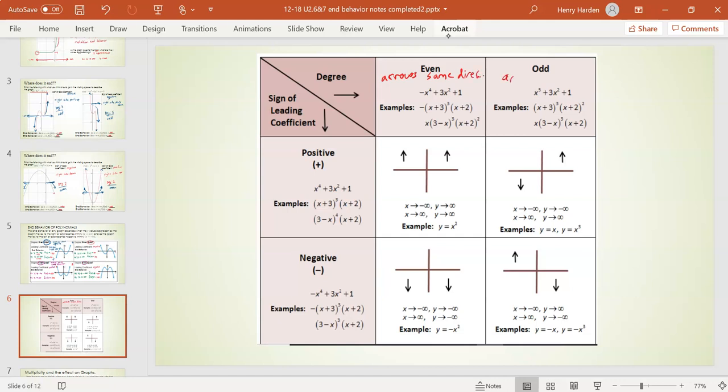Here, arrows are in opposite directions. Okay? And now, some of you are saying, well, how do you know if it's even or odd? Well, if it's in standard form, you just look at the biggest exponent. When it's in factored form, you have to add up the multiplicities.